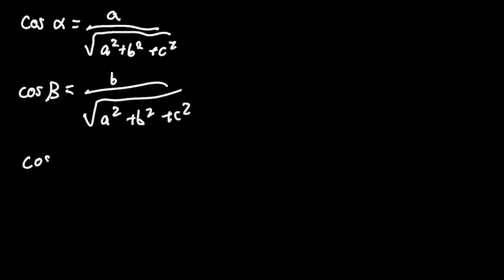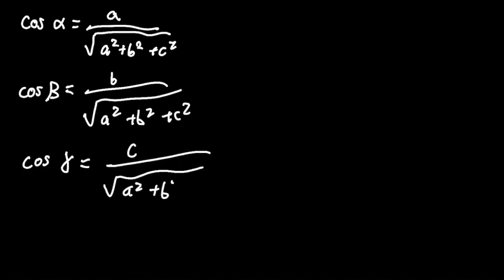And then finally, cosine of gamma is c over square root of a squared plus b squared plus c squared. So here we have the 3 different equations we can use to find the 3 angles that our vector forms between the x, y, and z axes.